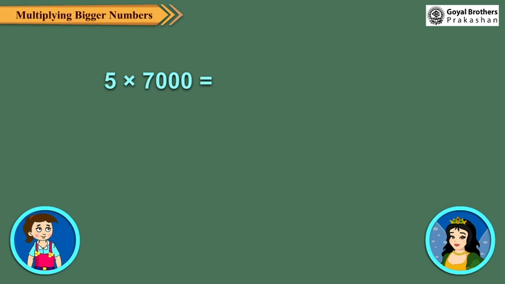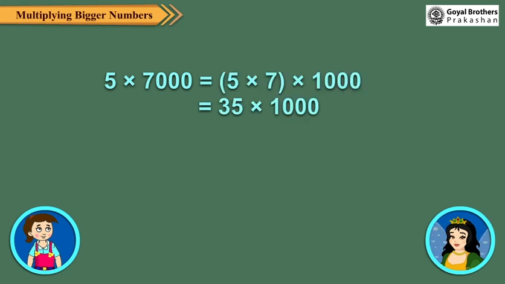For example, to find 5 multiplied by 7000, we first multiply 5 by 7 to get 35. Then 3 zeros are inserted to the right of 35 to get the desired product as 35,000.